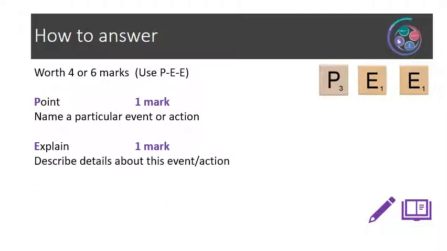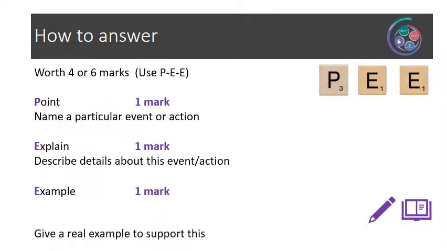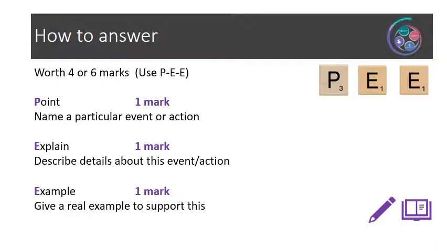We want to explain, giving further details, describing more about the particular event or action for a 2nd mark. And if possible, we want to provide an example or some evidence to support this. Each P paragraph can allow you to achieve up to 3 marks. Note at this point, it may be worthwhile taking a note in your own jotter of this process.